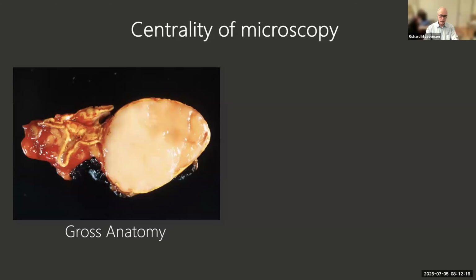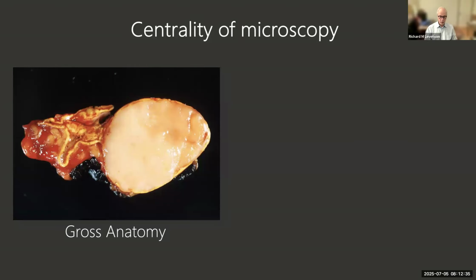But just seeing lumps isn't enough. The core of what we're talking about today, and of pathology in general, is microscopy. You can have a structure that you can see very clearly by eye, but it's still not clear what it is.